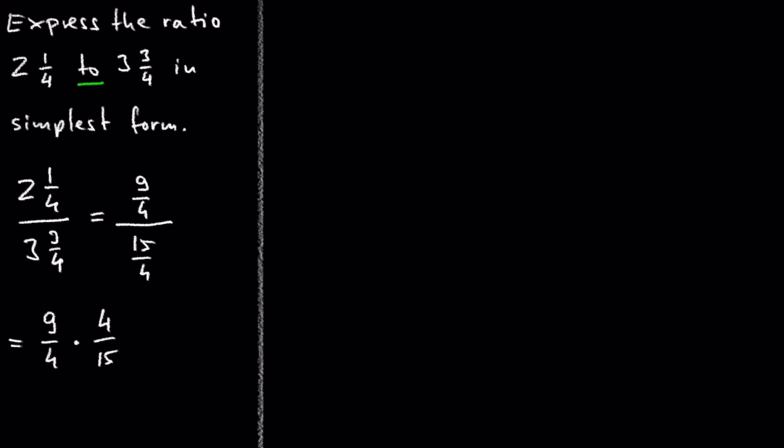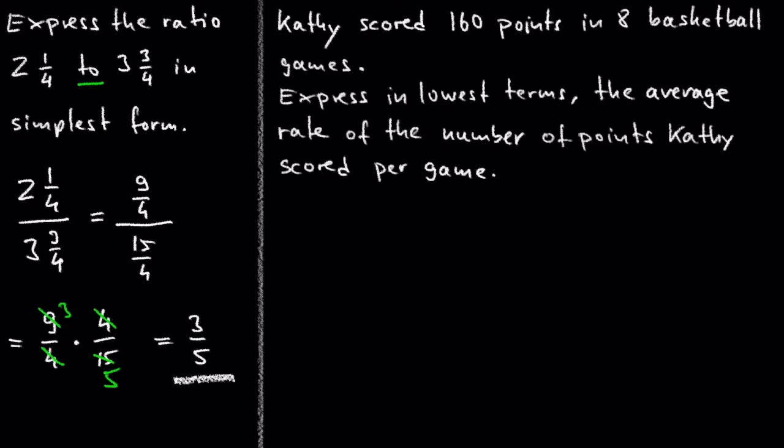And after simplifying, we get 3 over 5. So the ratio of 2 1/4 to 3 3/4 in simplest form is 3 to 5.